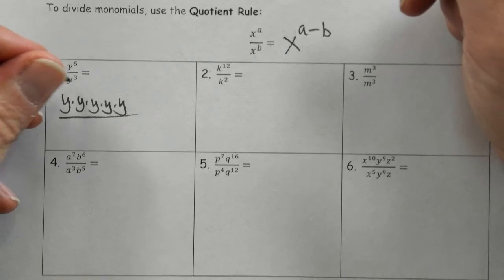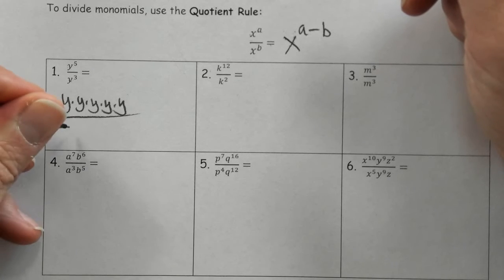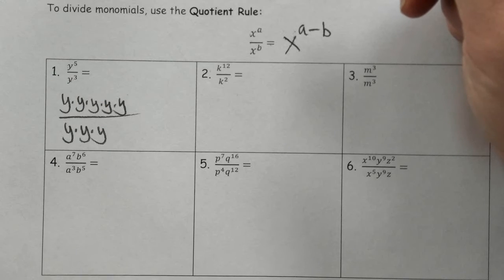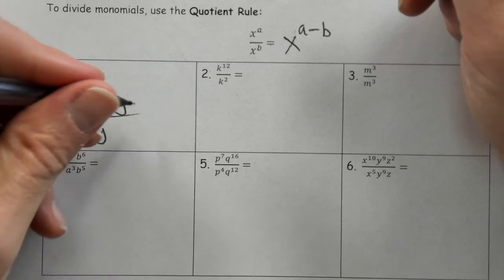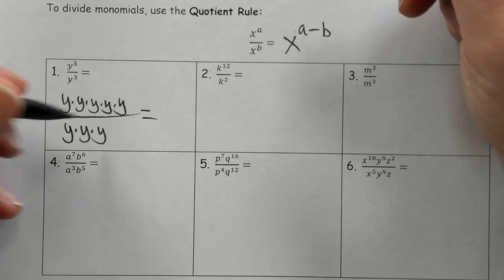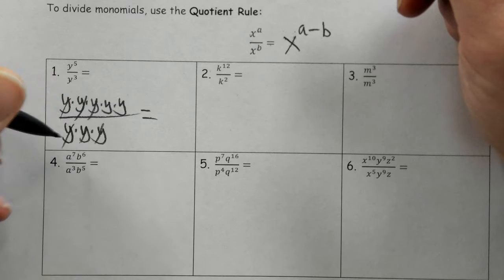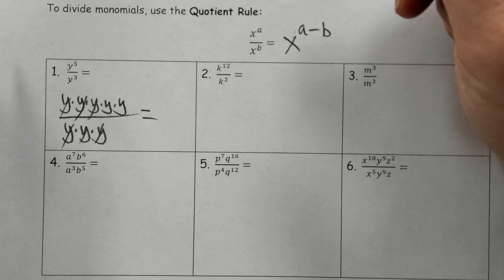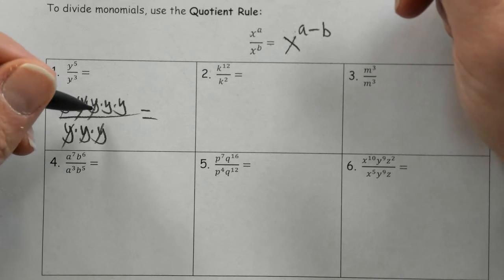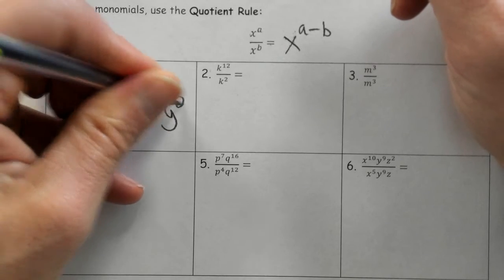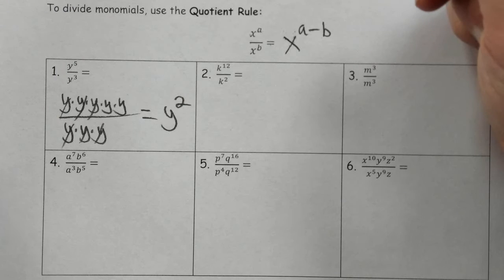And y to the 3rd means y times itself 3 times: 1, 2, and 3. And so really, if I were to divide this out, then 3 of these would cancel out with each other. The 3 on the bottom would cancel out with 3 on the top, become 1, right? And then 1 times y is just y times itself twice, which is y to the 2nd power.